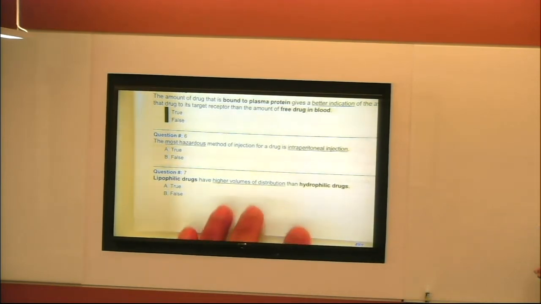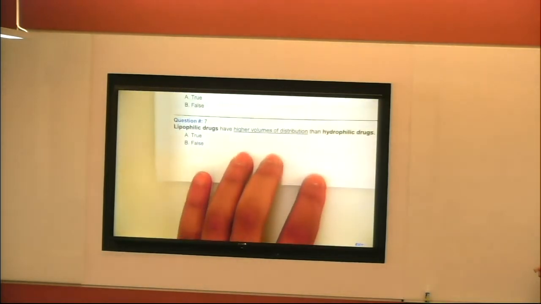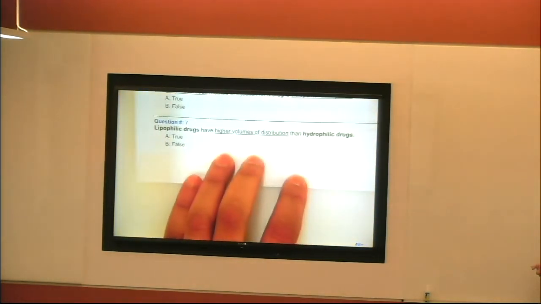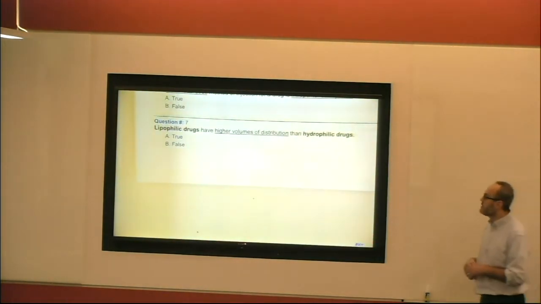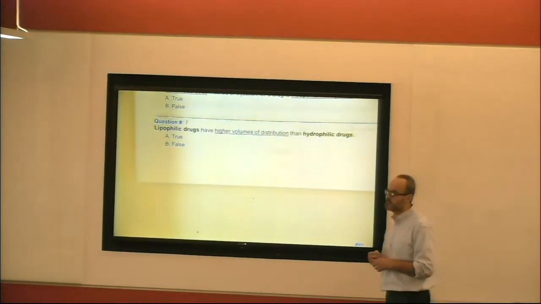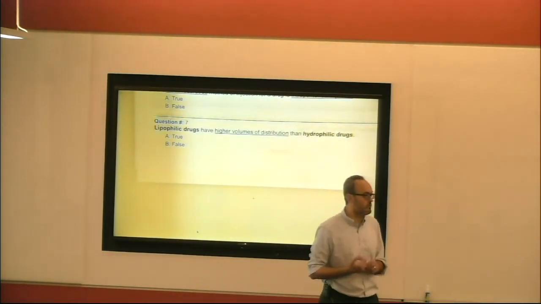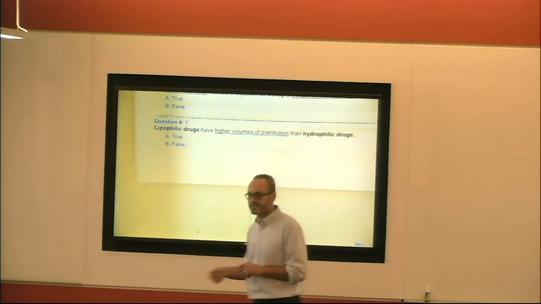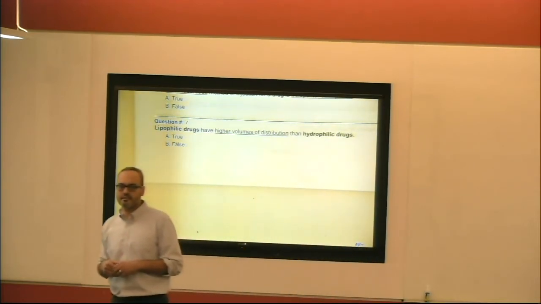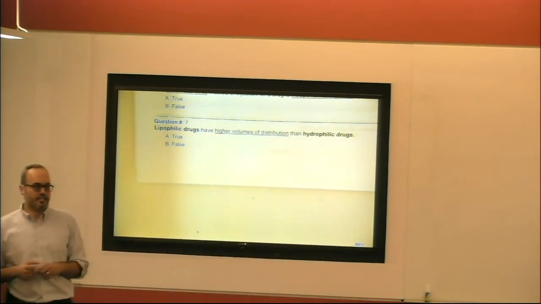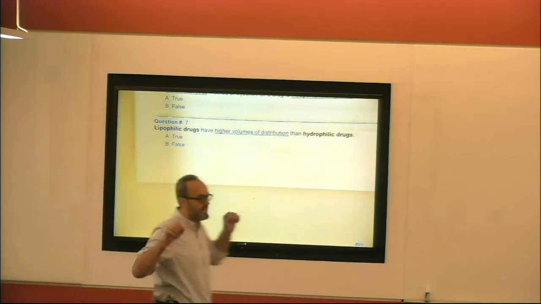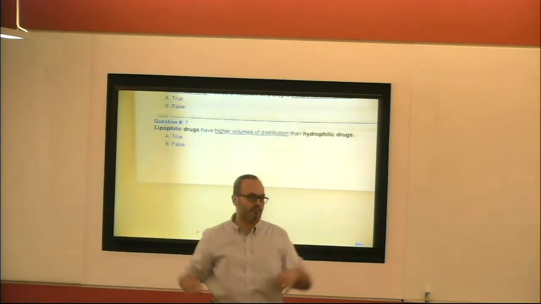Okay, let's see. Lipophilic drugs have higher volume of distribution than hydrophilic drugs. True. We all know it's true. Why is that? I just explained that a minute ago, right? I explained how a drug that is lipophilic will distribute into the fatty tissues.